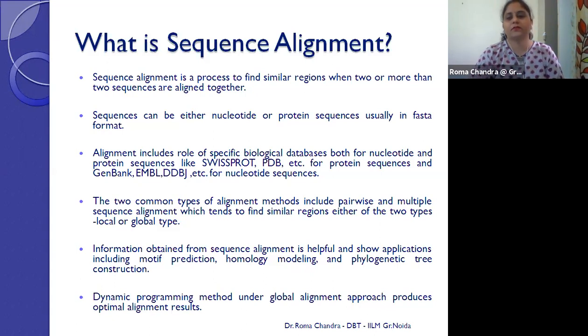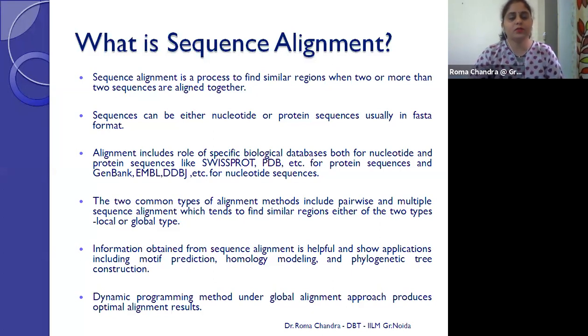The purpose of searching for similarity in sequences is that we consider that if there is similarity in sequences, then there is similarity in structure and in function as well. The major applications of sequence alignment are motif prediction, homology modeling and phylogenetic tree construction, and the two major methods are pairwise alignment and multiple sequence alignment.